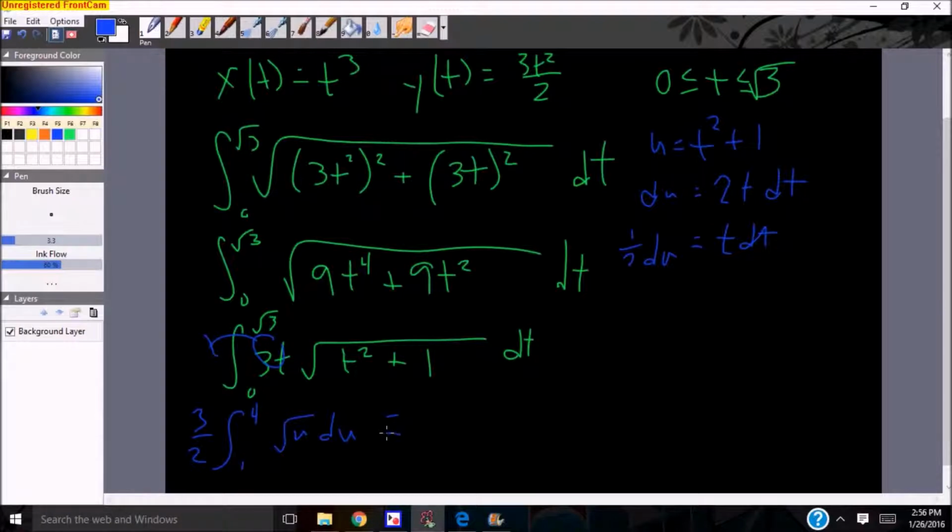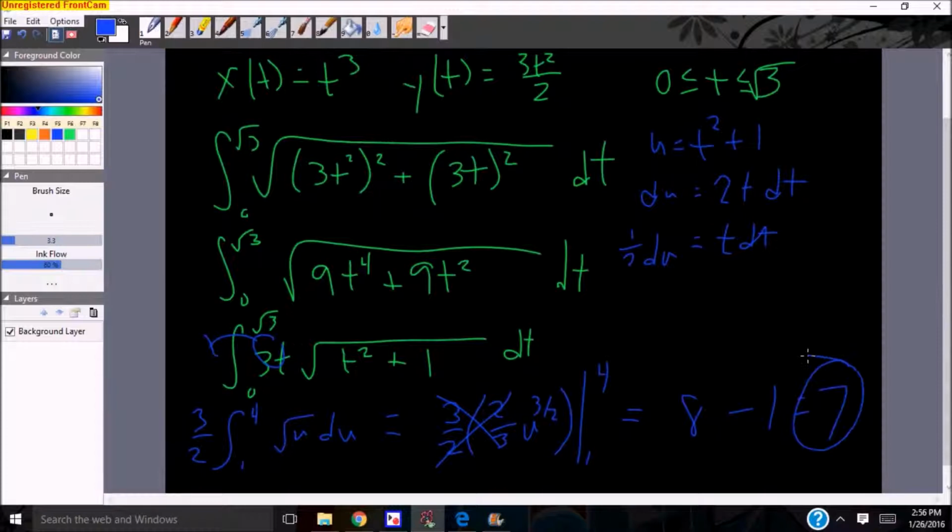When I integrate this, I'll have 3 halves times u to the 3 halves times 2 thirds, which is convenient going from 1 to 4, since that will just turn into u to the 3 halves from 1 to 4. When I put 4 into here, I'm going to get 8, and when I put 1 into here, I'm going to get 1, which is going to give me a final answer of 7.